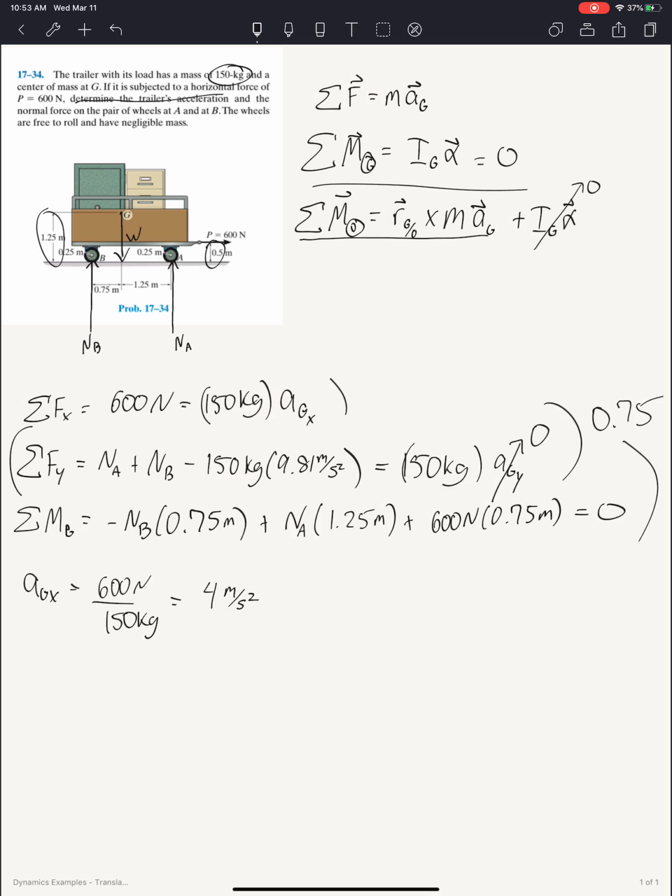So when I do that, I get, let's see, 0.75 NA plus 1.25 NA minus 150 kilograms times 9.81 times 0.75 plus 600 times 0.75.